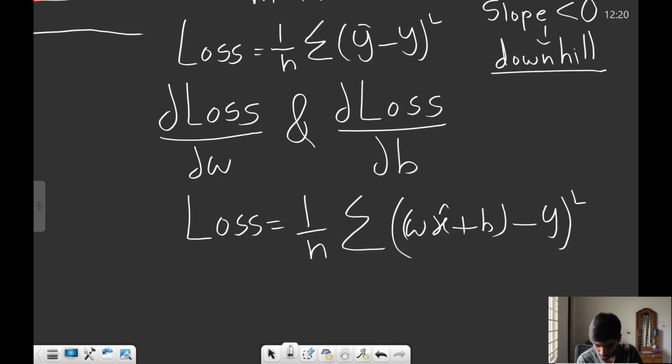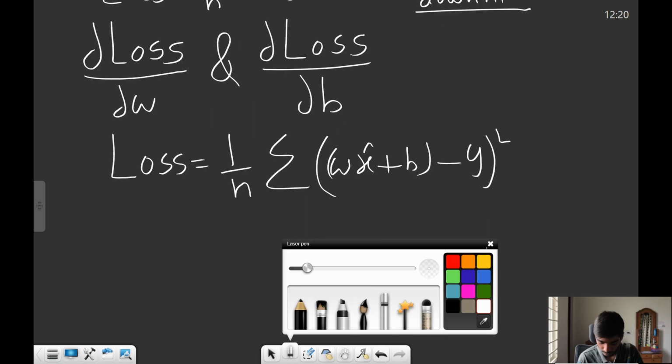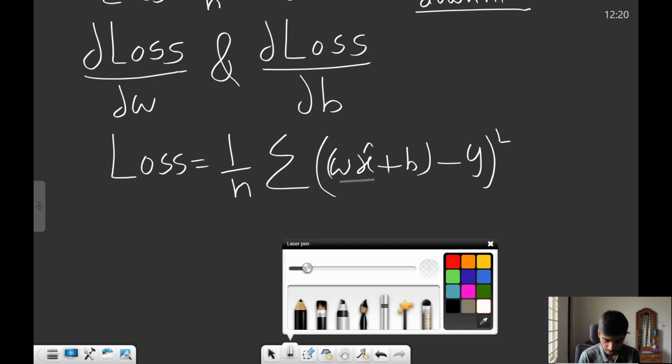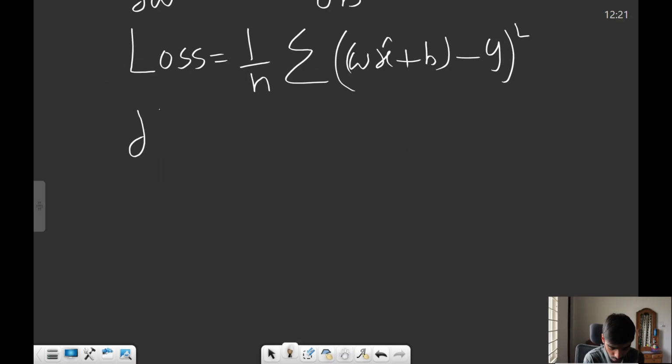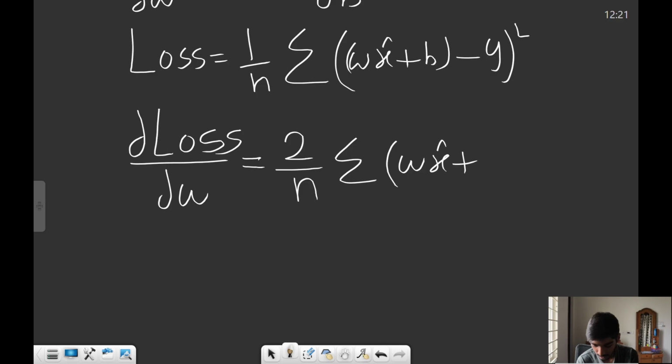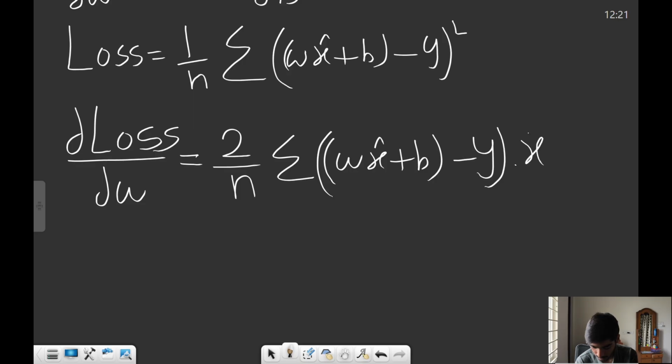So we need to differentiate with respect to weight and the bias. We might need to use the chain rule while differentiating with respect to weight because it consists of another variable x with it. So let's differentiate the loss function with respect to both w and b. These are the partial derivatives. The derivative of the loss function with respect to w is 2 by n into the sum of (wx plus b minus y) into x, where x is the input of this function.